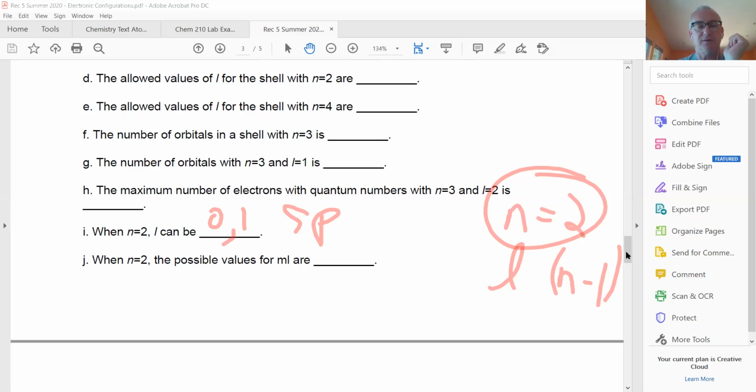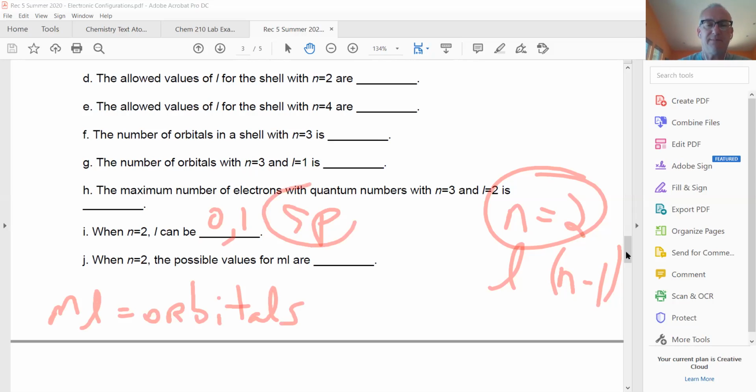Also, when n equals 2, what are the possible values for ML? Remember, ML, we're talking orbitals: shell, subshell, orbitals. What are all the possible values for ML when we're in level 2 and we have S and P subshells? Negative 1, 0, 1. Yeah, that's it.